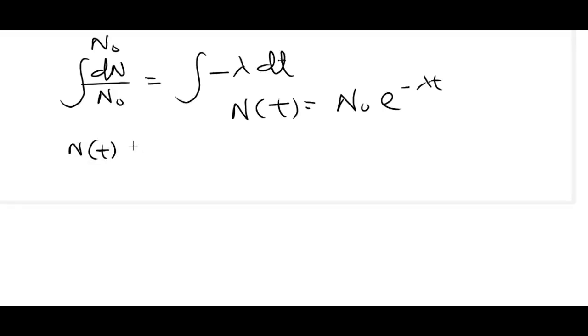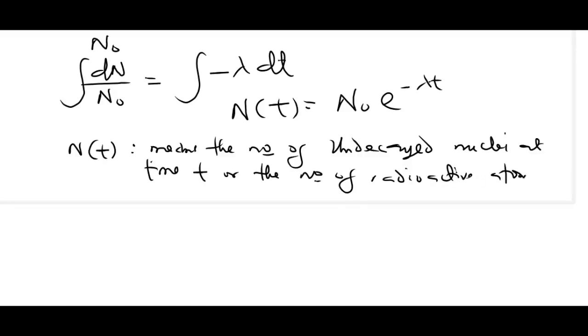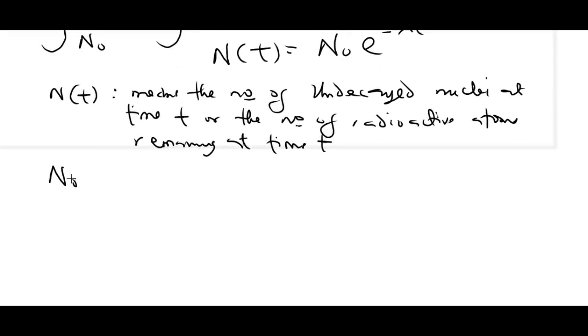So what does N(t) mean? It means the number of undecayed nuclei at time t, or you can call it the number of radioactive atoms remaining at time t. All right. So what of N naught?